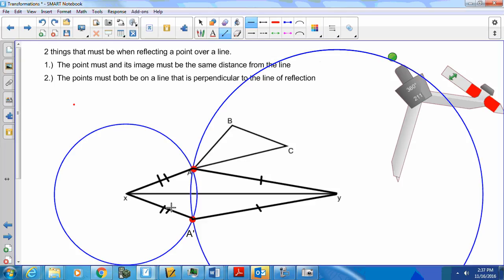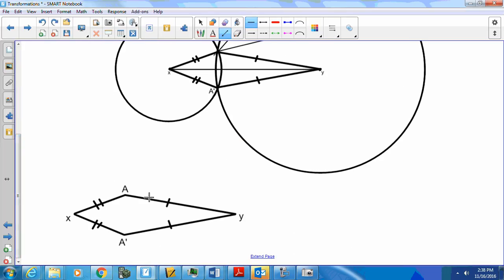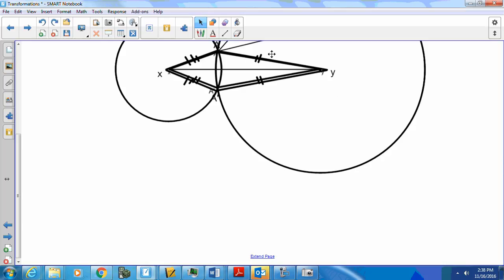So now I want to know what type of shape this is. So I'm going to go to my next page here. And I already have it done right here. And I actually have this shape that I took out from here.